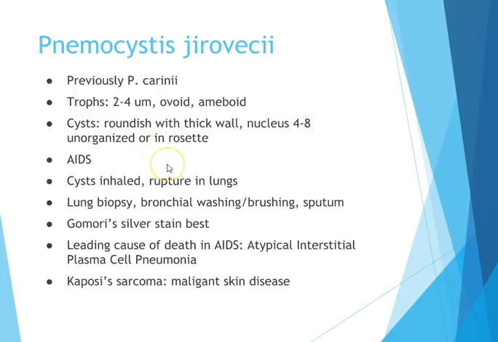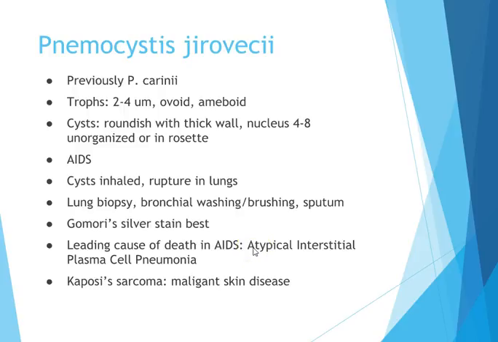This is most often seen in AIDS patients. It infects the lungs. The patient can inhale these cysts and get in the lungs, and they rupture. The specimens are usually sputum, lung biopsy, bronchial washings or brushings. The Gamori silver stain is the best method, and this is the leading cause of death in AIDS patients.